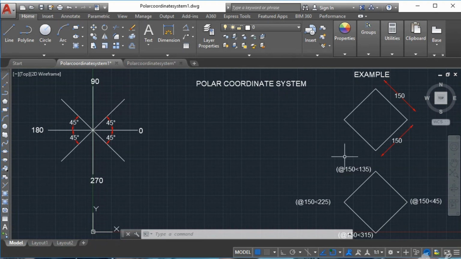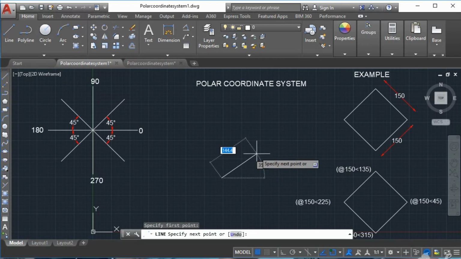So now let us take the line command and try to draw this square in this shape by using the polar coordinate system. Now I am taking the line command. Now I am clicking the first point at any point in the workspace. Now let us take here. It is the first point. Now I want to draw the second coordinate, meaning the next point.